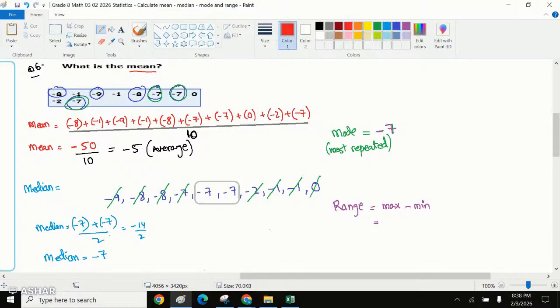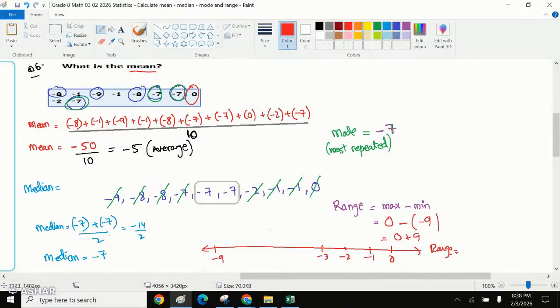So in this case, 0 minus, and the minimum number was -9, right? If we do it on the number line, we know that if 0 is here, -1, -2, -3, and so on till -9. Therefore, -9 would be the smallest. We have 0 plus 9. Therefore, we can say the range comes out to be 9.